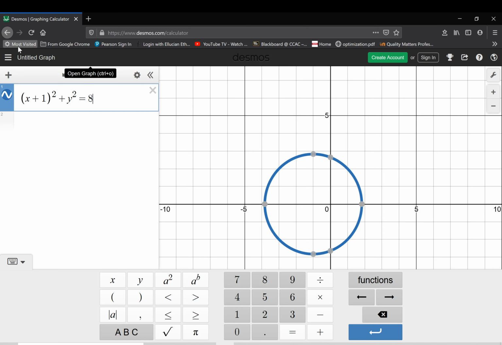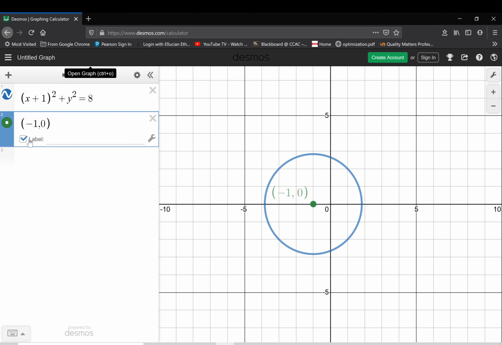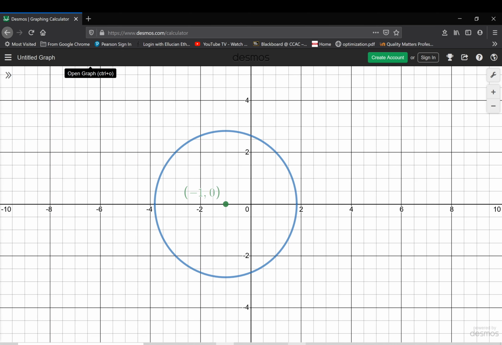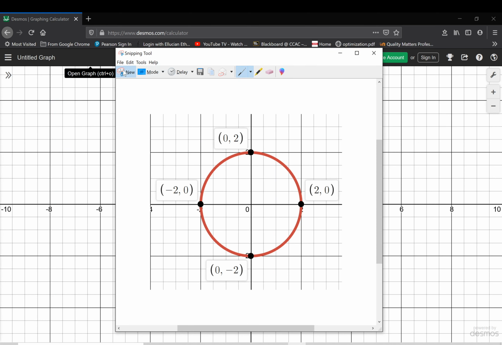All right? Let me label the center too. I did do that on the previous one, but I'll label the center here. Okay, so that's going to be -1, 0. All right, there's my center. Okay? So let's pull this in. Let's make it look nice and pretty.